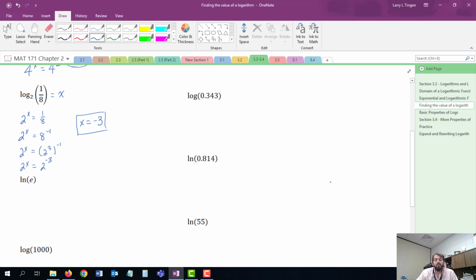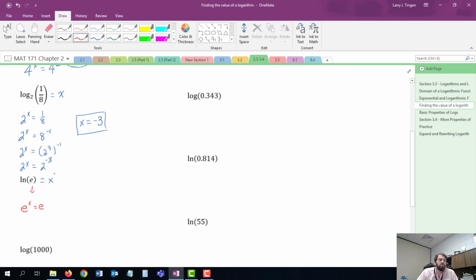Natural log of e, okay? Remember what this means. The natural log of e is the log base e. So if I rewrite this in exponential form, I'm going to change colors here for just a second. This means e raised to the x is equal to e.